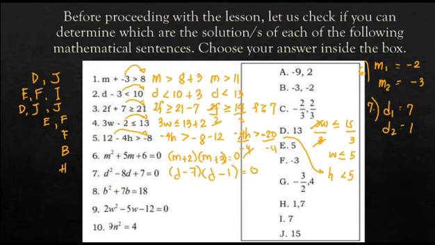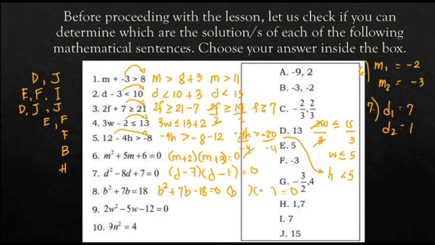Next, number 8. This is also a quadratic equation. So let us just first transform this into standard form. So we have b squared plus 7b minus 18 equal to 0. So after transforming it into standard form, we get its factors.